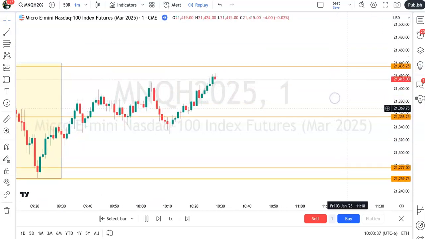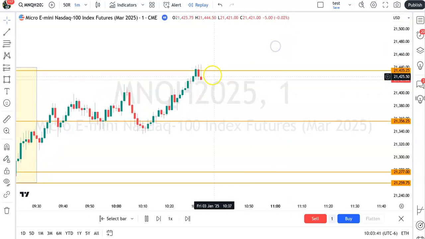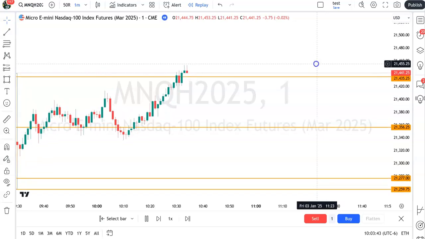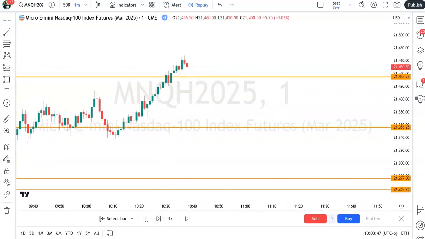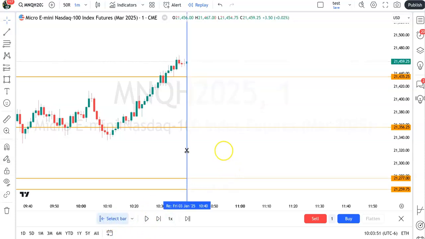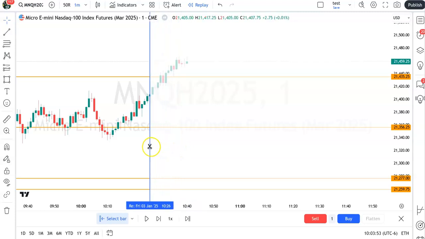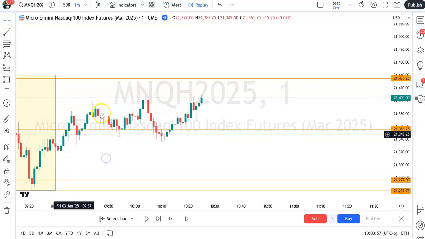Now, okay, let's look. Now we're starting to get up into the upper area of this range. Test, test. Okay, now let's see what's going to happen. I'm just going to back that up and see if what I'm thinking is going to happen. Let's go right back to here. So we came down, we tested that midpoint, and now we're coming up.